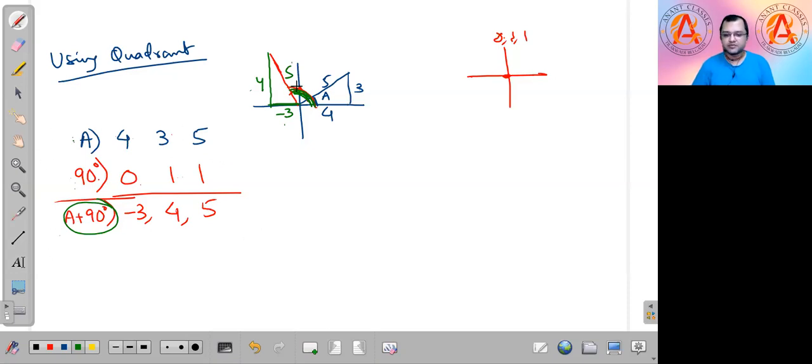This A plus 90 stuff. Got it now? What we have done here, this A plus 90 degree.